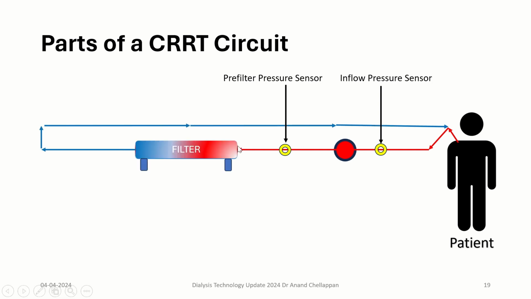The blood then goes into the CRRT dialyzer and finally it's returned to the patient. In the return line, we have the venous drip chamber and also the outflow pressure sensor. Now, the outflow pressure sensor gives us an idea about the pressures in the return line and can give rise to safety alarms when these pressures are beyond the limits.